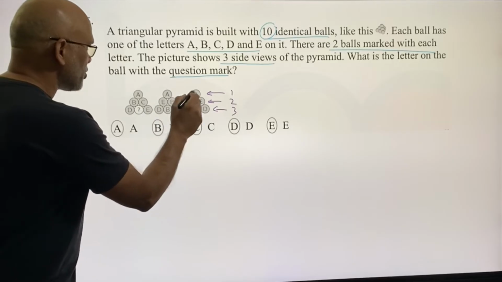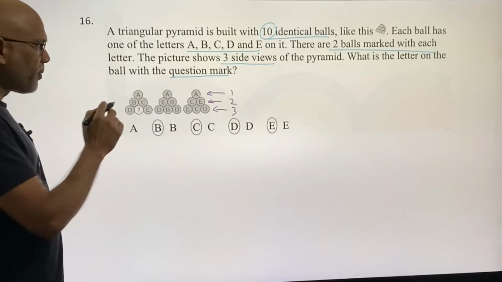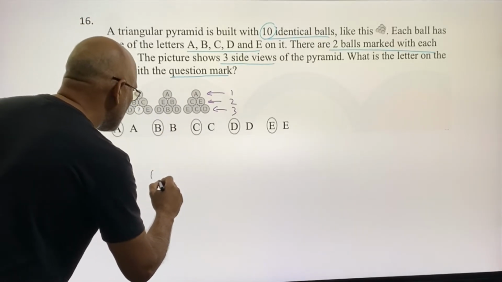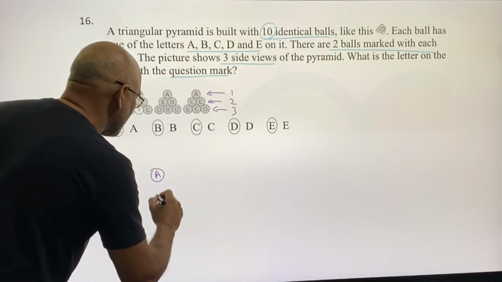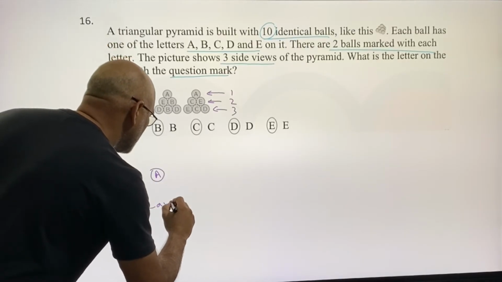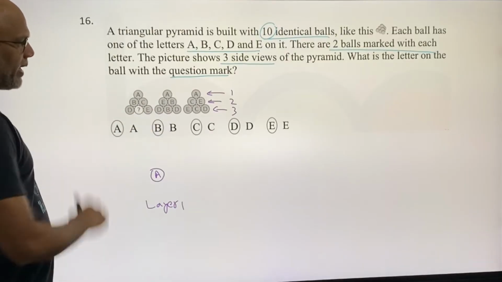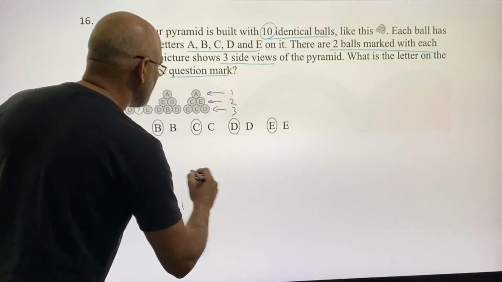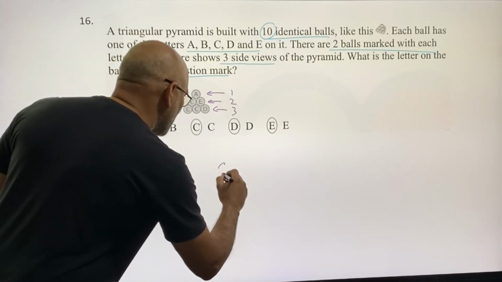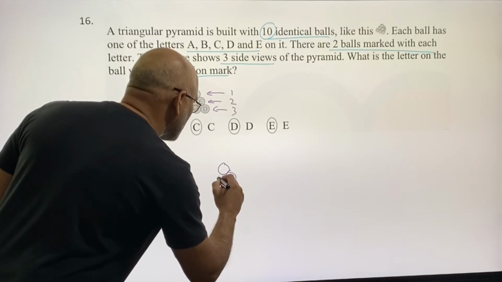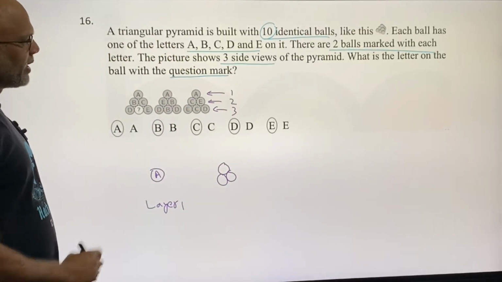All right. So these are the side views, right? The top layer has only one ball, and we know that is A. This is layer 1, the top layer. Now layer 2, if you think about it, will have 3 balls, right?